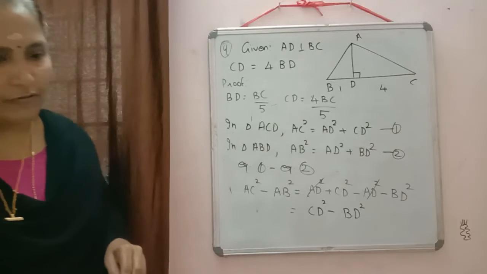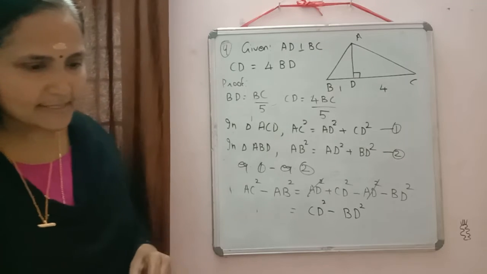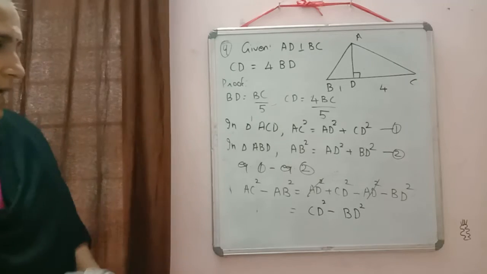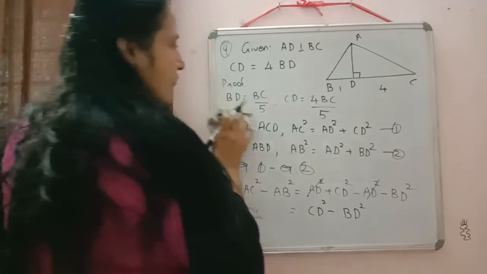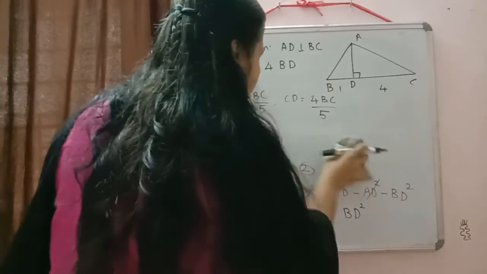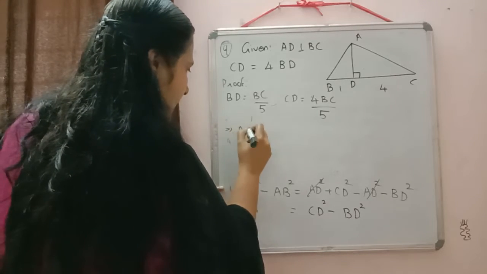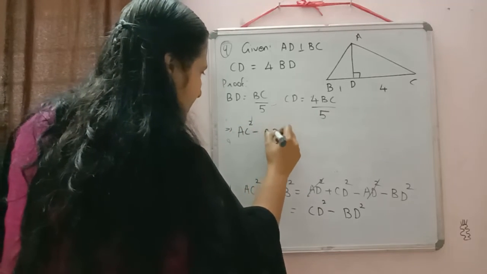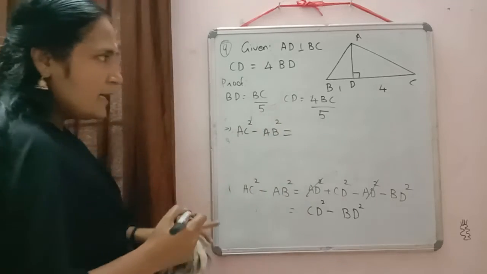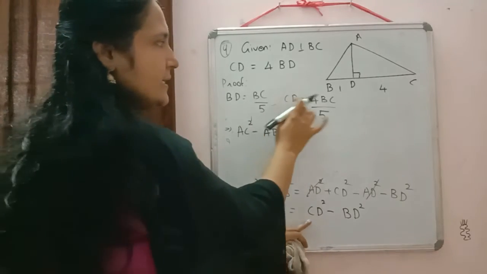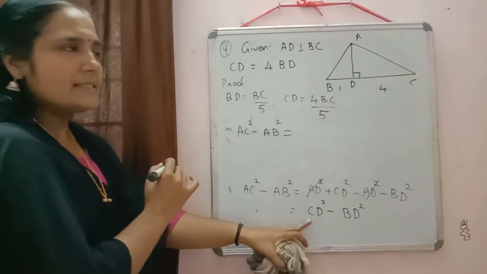Now in the proof we need the sides AB, BC and AC only. AC and AB we got. Now we will check how we can convert the others also. So in the left hand side we have AC square minus AB square, equal to CD square minus BD square. How can we rewrite? CD can be written as 4BC by 5.